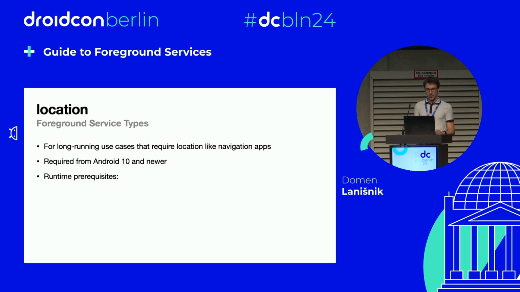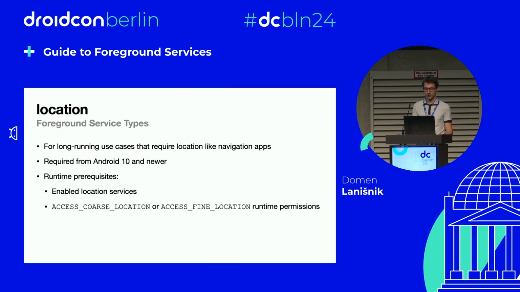We also mentioned that each type has runtime prerequisites, meaning that before you can start a service of this type, you have to have location services enabled, and then either of the 2 location permissions granted. We also mentioned briefly some alternatives before. So if you need to do something when the user reaches a specific location, then you should use the geofence API instead of the service.